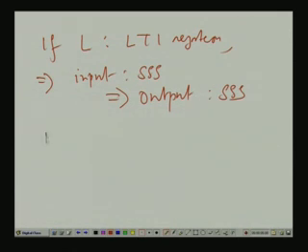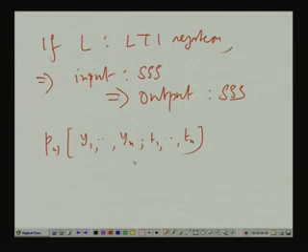Output, say we are trying to find out this joint density of y1, that is y of t1 dot dot dot yn, t1 dot dot dot tn. What is y1? That is y at t1. And what is y at t1? That is L of x t1.